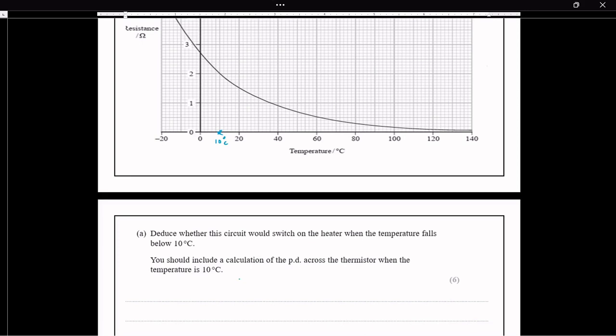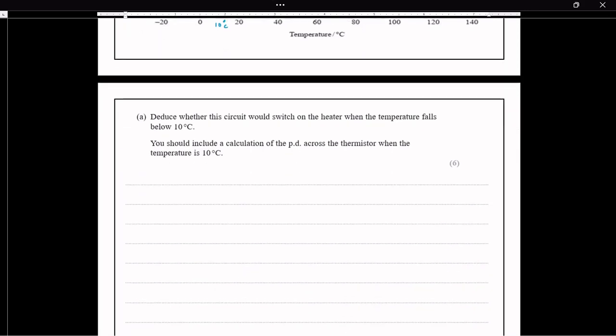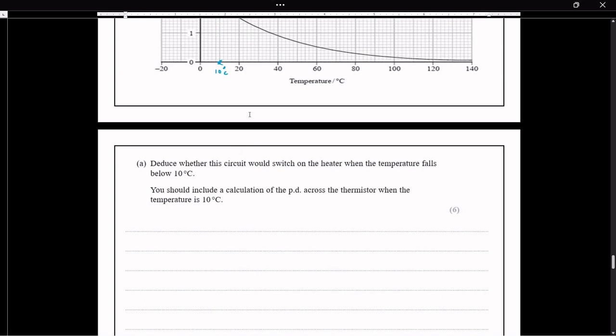For that 10 degree temperature, we are getting the corresponding resistance as 2 ohms. So let's write that one. It's a 6-mark question, so whatever we observed, let us write that. At 10 degrees centigrade, from the graph, the resistance is 2 ohms.